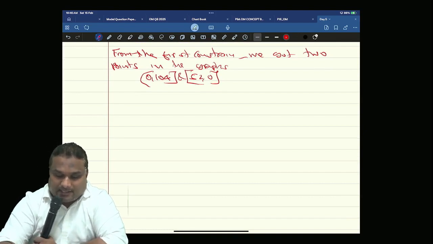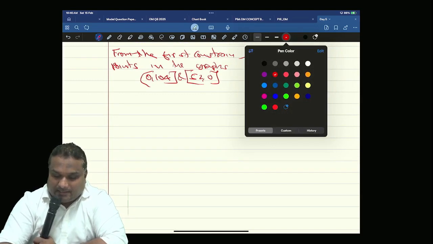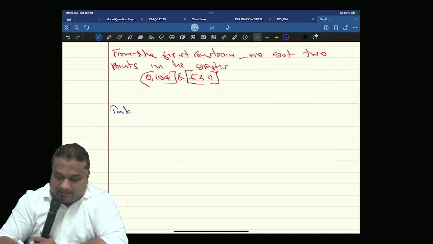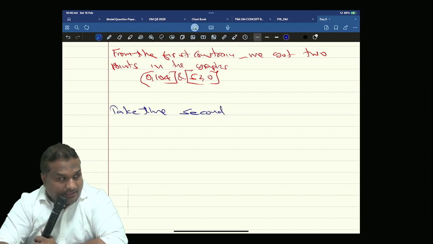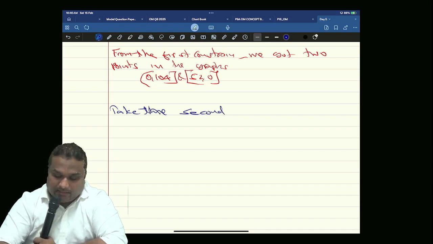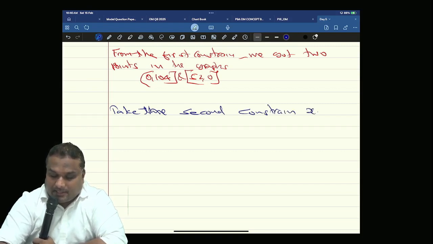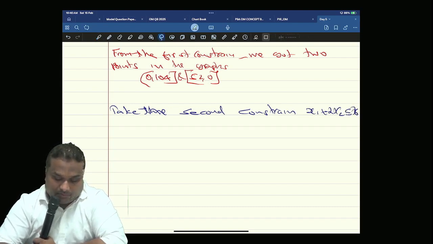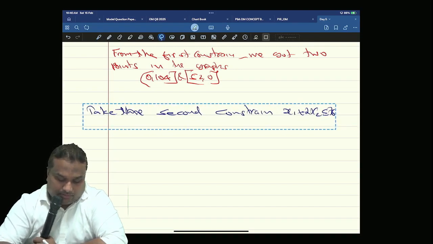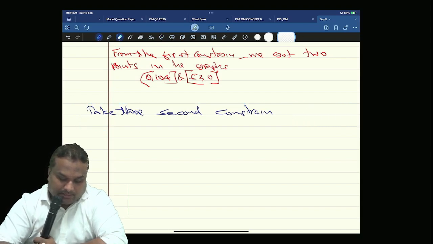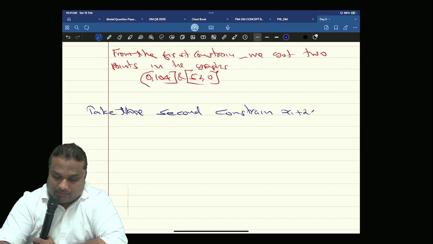Now write on. Take the second constraint. What is the second constraint? x1 plus 2x2 less than or equal to 76.